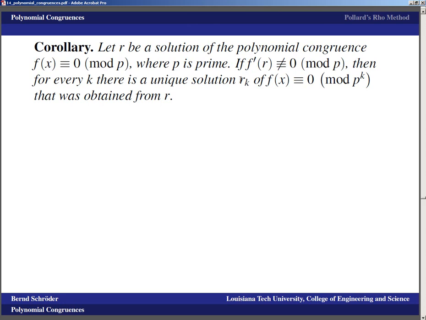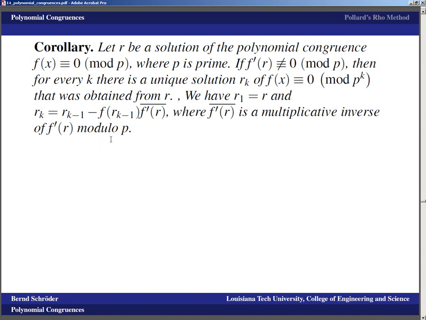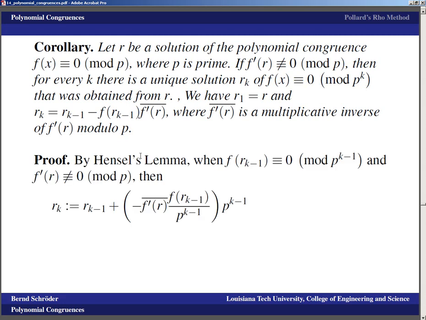But if that's the case, then for every k there is a unique solution r_k of f of x equivalent to 0 modulo p to the k that was obtained from r, and that is that we've got r_1 equals r, and r_k is r_(k-1) minus f of r_(k-1) times f prime of r bar, where f prime of r bar is a multiplicative inverse of f prime of r modulo p, and that comes directly from Hensel's lemma, because when f of r_(k-1) is equivalent to 0 modulo p to the k minus 1, and f prime of r is not equal to 0 modulo p, then we have that r_k is equal to r_(k-1) plus negative f prime of r bar times f of r_(k-1) divided by p to the k minus 1, times p to the k minus 1.